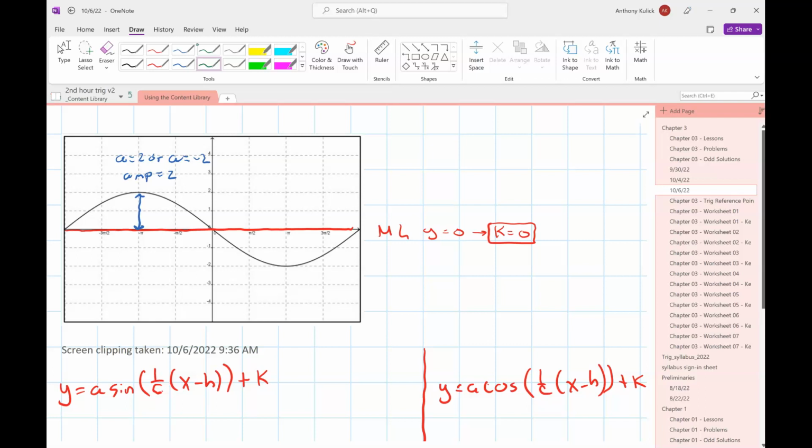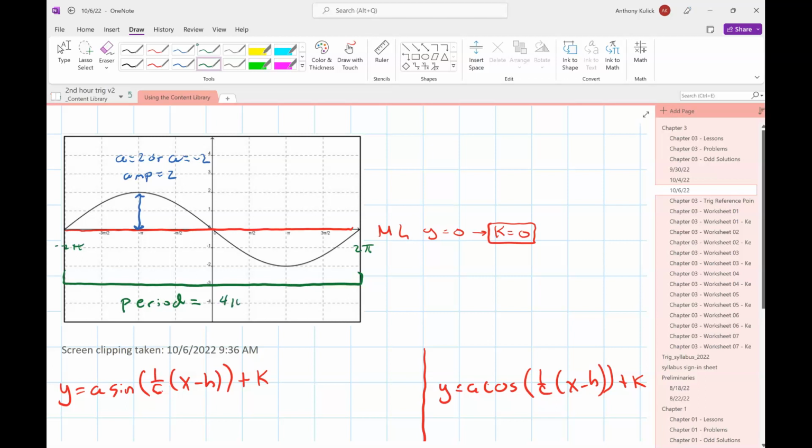I just have an up and then a down, and that's the whole picture. So this whole thing is going to be my period. So we're starting over here at -2 pi, and we're ending over here at +2 pi. So how long is that?